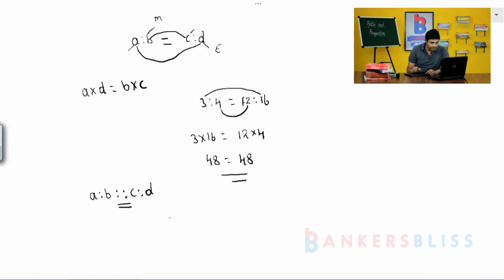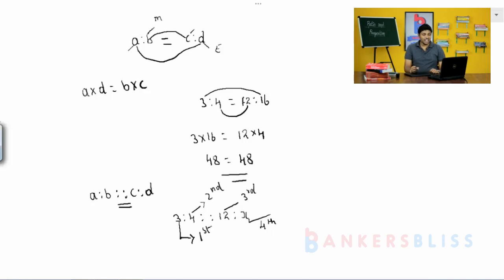For example, 3 is to 4 is as to 12 is to what? The terms are called first proportion, second proportion, third proportion and fourth proportion.